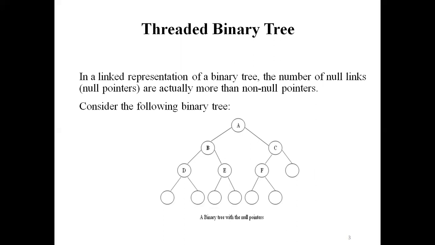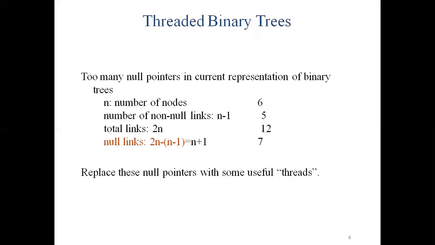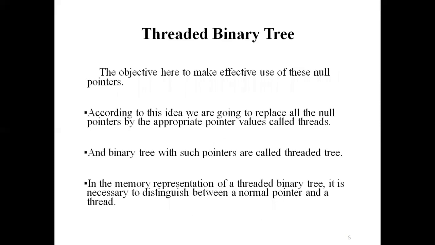Instead of this null value, we will make them to store some useful value, that is to store some node's address. So what address they will be storing, that we will see with some algorithm.